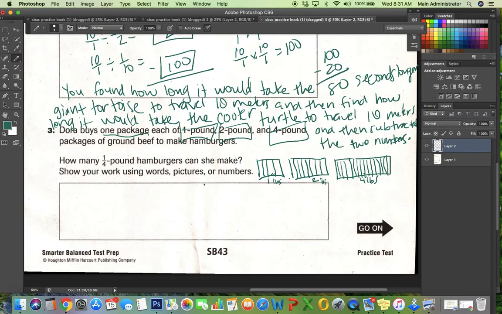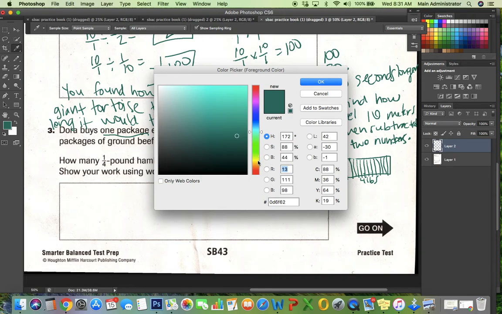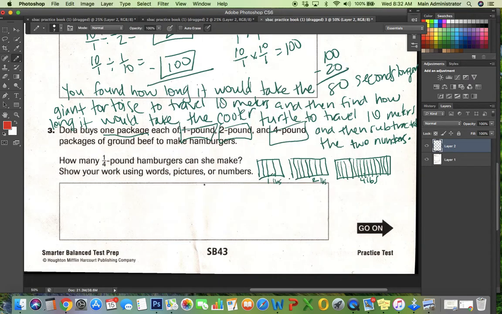And I'm going to change my color here to a bright red to show you this one is the 1 pound. Here is my 2 pounds. Here is my 1 pound.